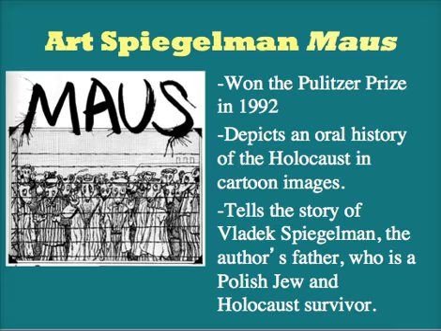Obviously this use of animals is going to be very important in our understanding of what Art Spiegelman is trying to achieve by turning his father's story into not only a comic strip, but one that depicts the survivors and victims of the Holocaust as animals, and in fact, everybody involved as animals.